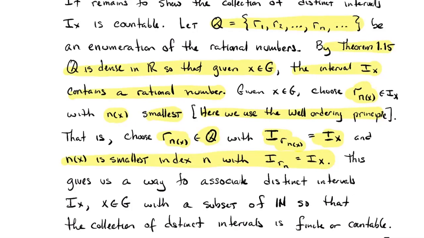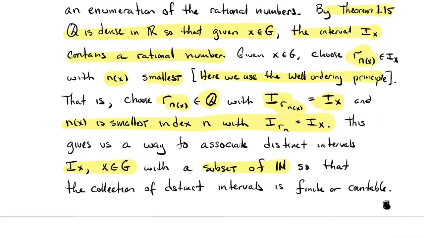So what did that give us a way to do? That gives me a way to associate to distinct intervals I sub x a subset of the natural numbers. So when I give an I sub x, it picks off this special rational number, the smallest one. So I get an association or a function from these intervals I sub x into a subset of the rational numbers.